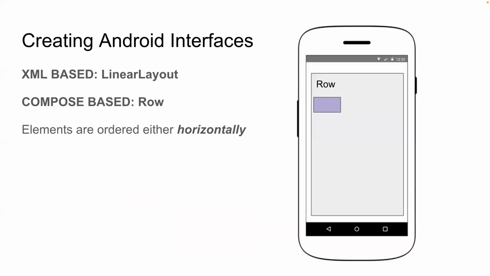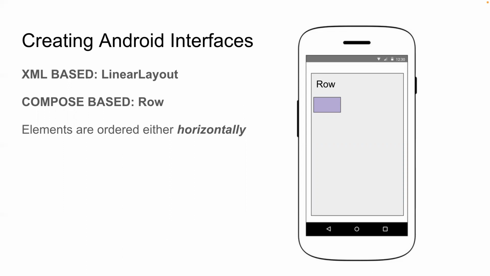All right. So how do we create interfaces in Android? When I'm talking about interfaces, I'm talking about UI, the user interface, because interfaces can be something else. Previously, we are technically working with Jetpack Compose, but previously, Android was built using XML-based layouts.